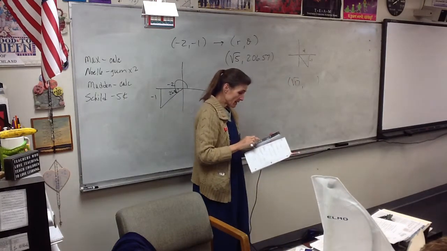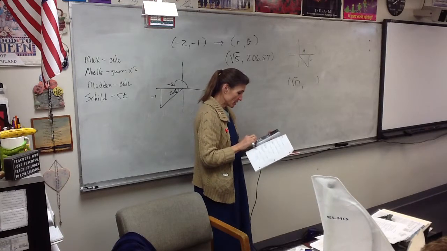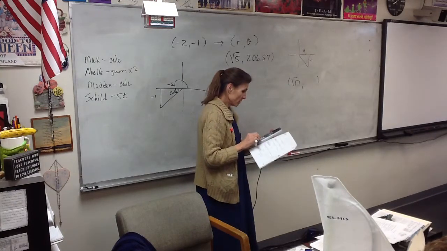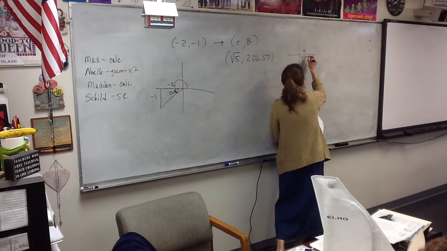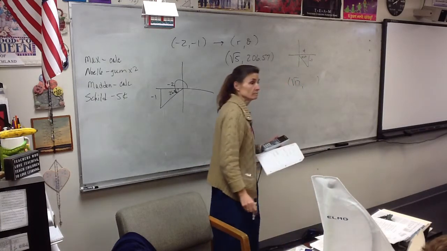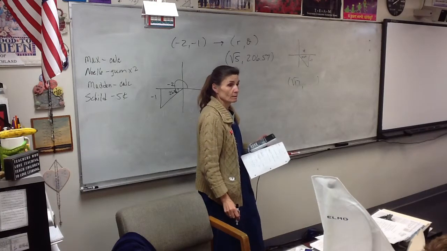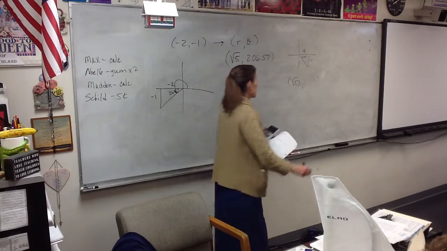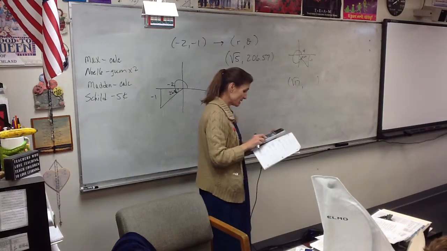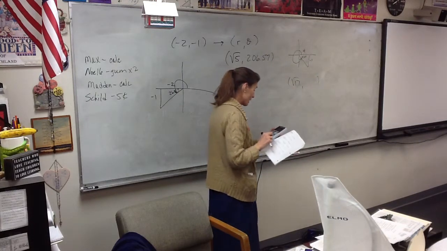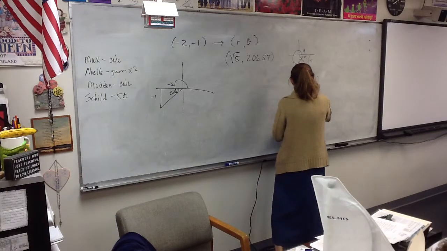Now I'll find my angle by second tangenting 1/4, and it's 14.04. But that's not theta. This would be theta, so how will I find theta? Subtract that from 360, so 345.96.